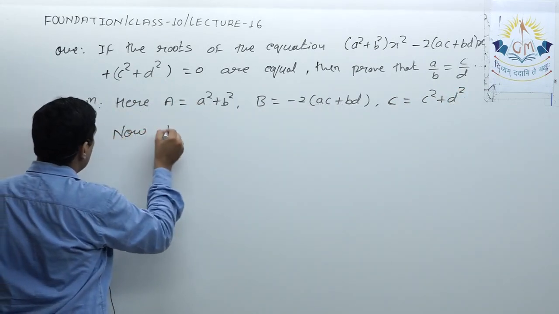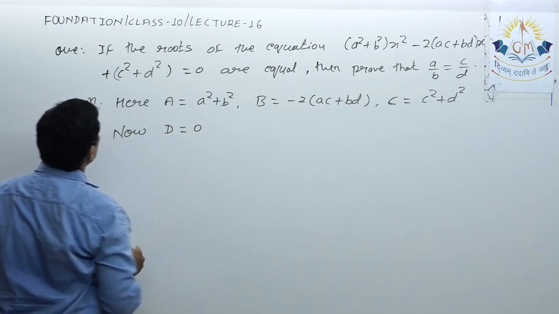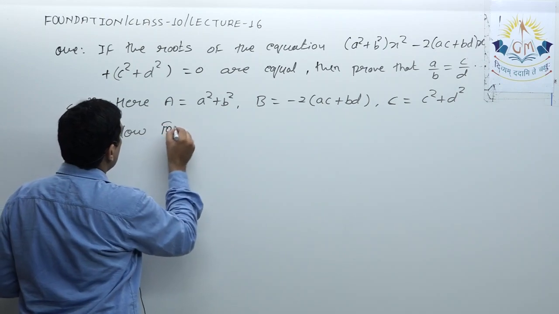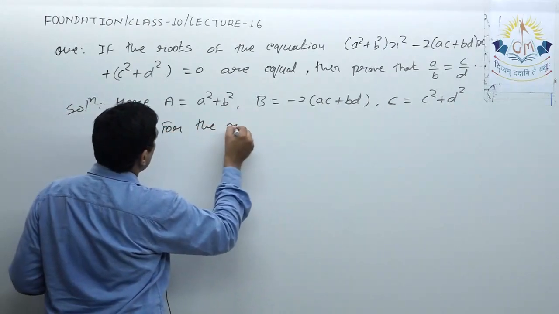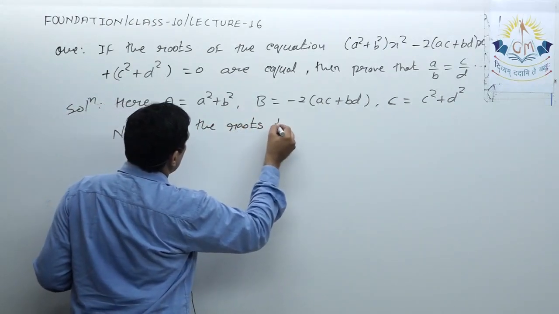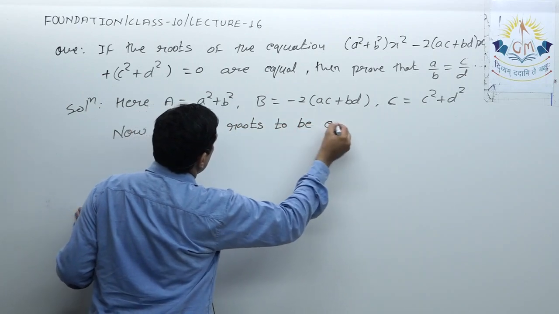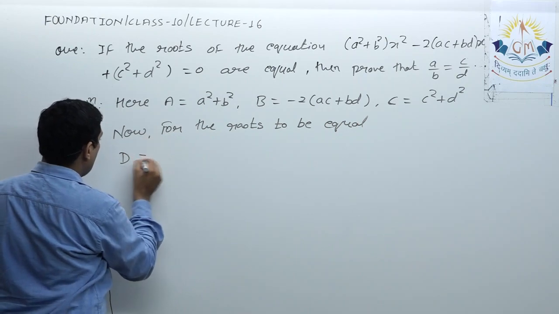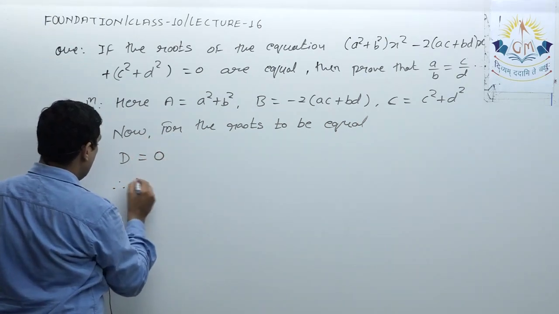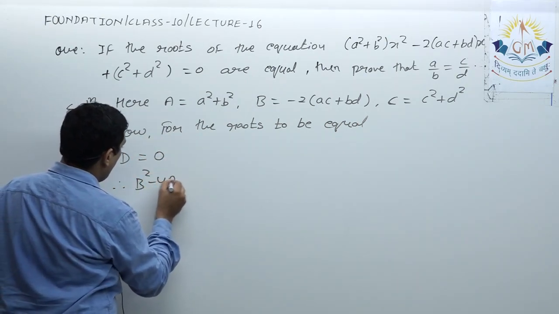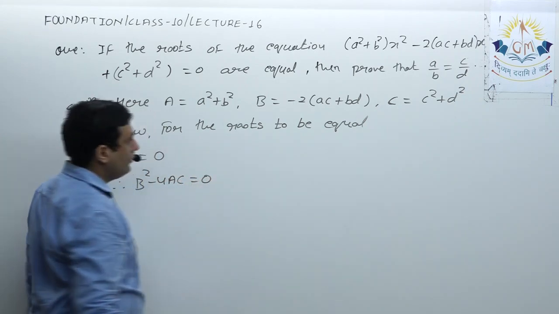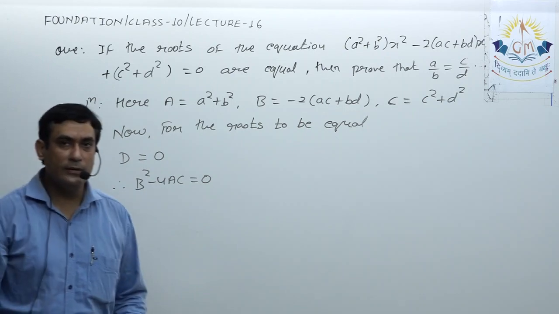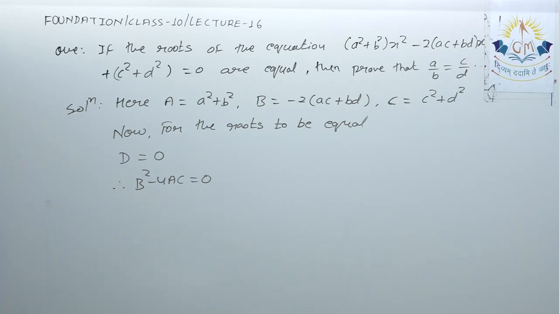Now, for the roots to be equal, D is equal to 0, that is b square minus 4ac is equal to 0. Now try to solve it further, then I will give you the remaining solution.